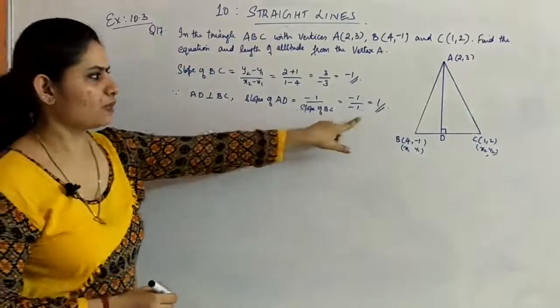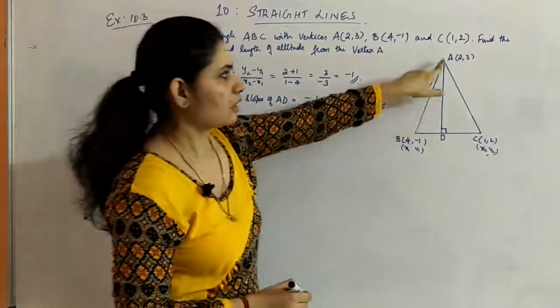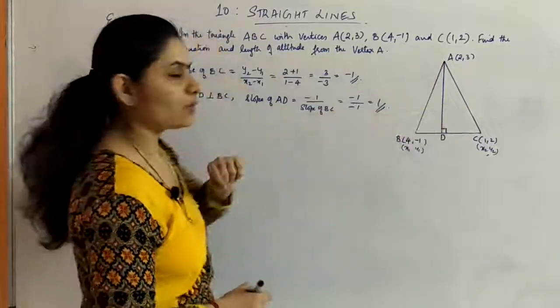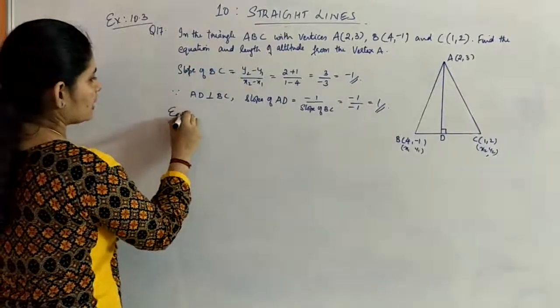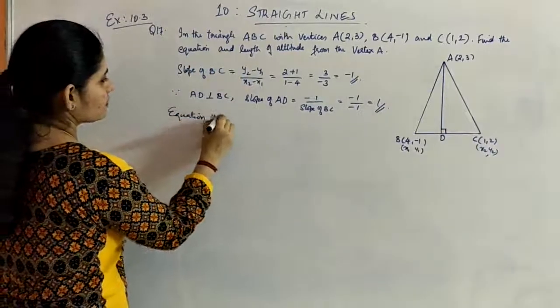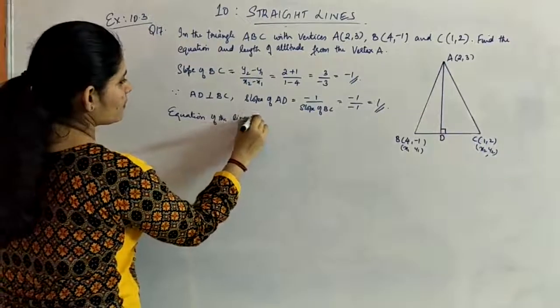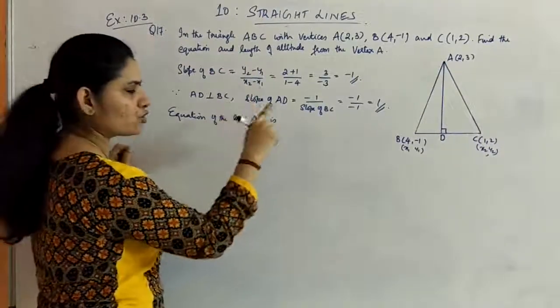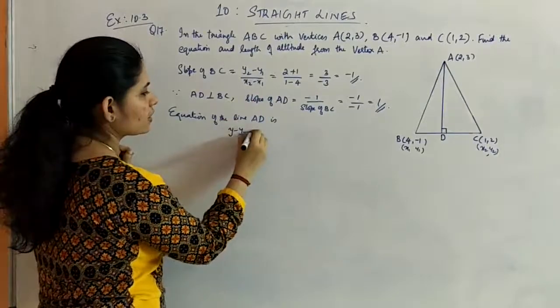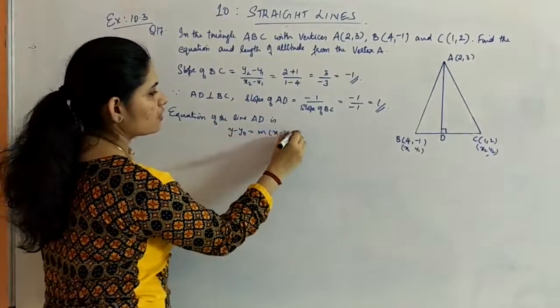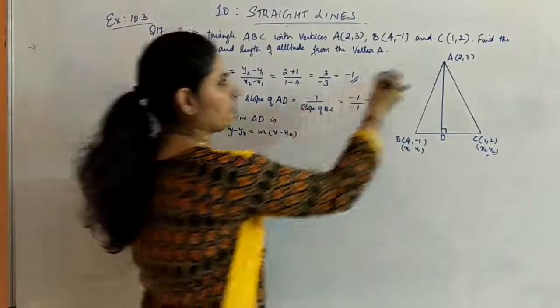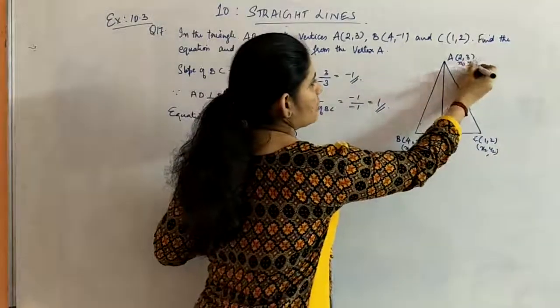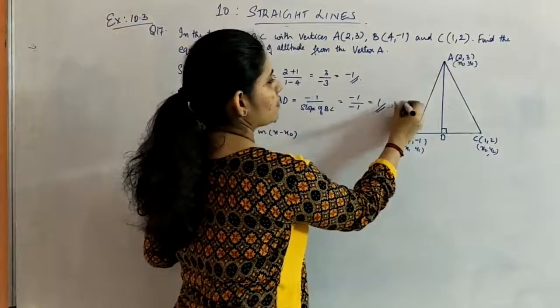Now you have slope and a point on the line AD. Therefore, for the equation of the line AD, you will use point and slope. So you will use the y minus y naught equals m into x minus x naught form, because you know what is x naught, y naught. This will act as x naught, y naught and this is acting as m, slope.